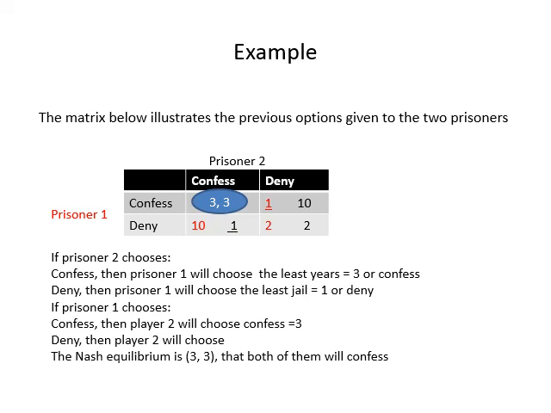If prisoner 2 chooses deny, then prisoner 1 will choose the least, 1 year, or deny.